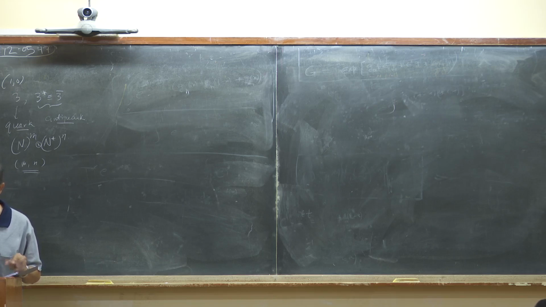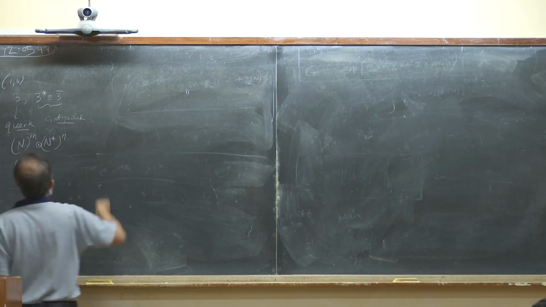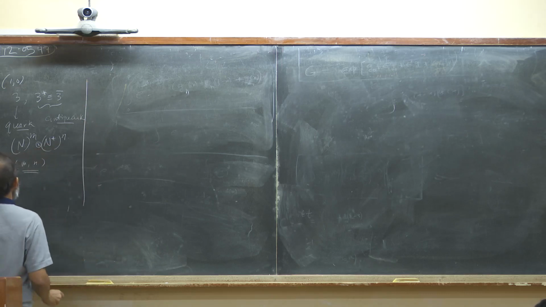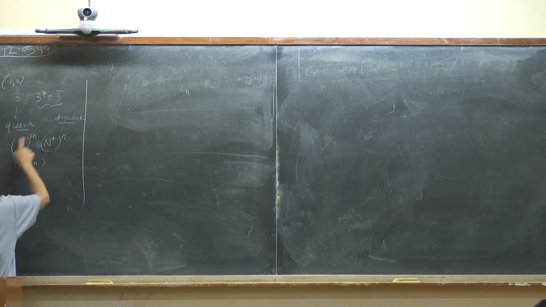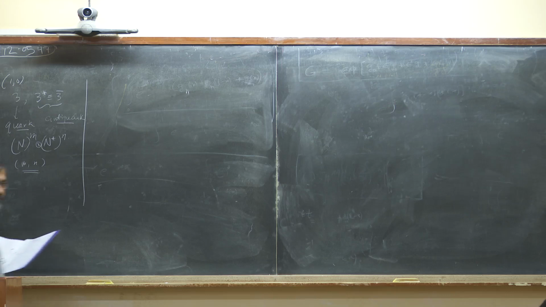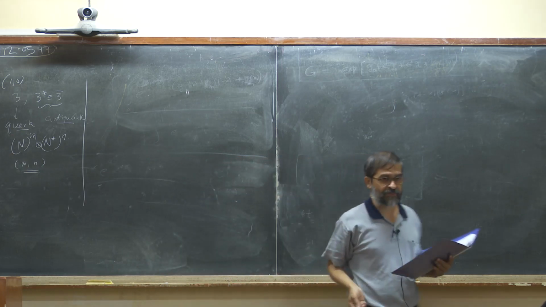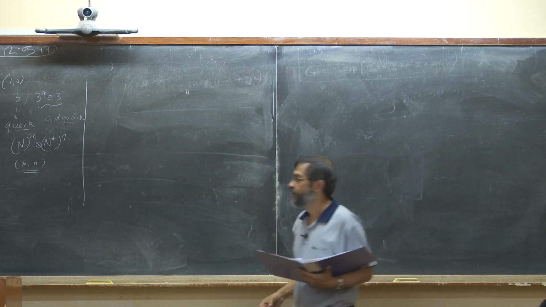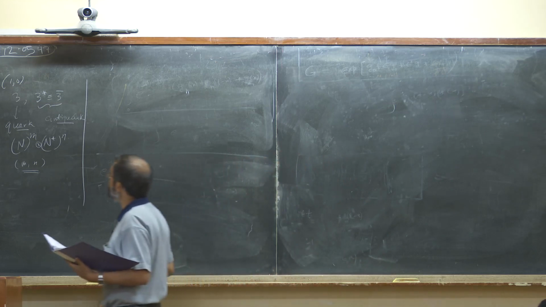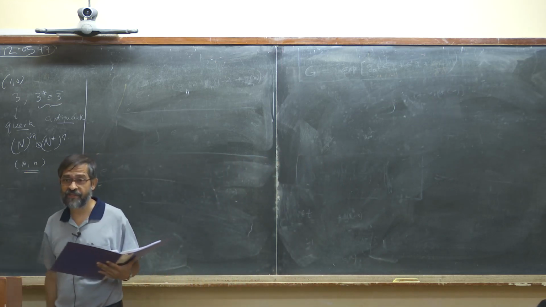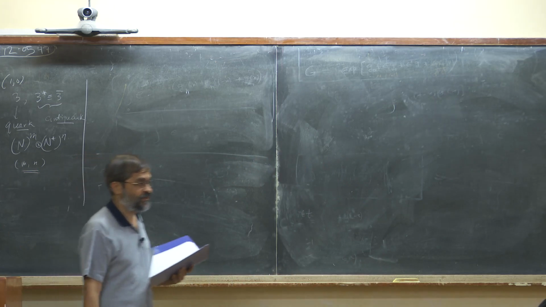So we are going to discuss this tensor product representation in many ways today. First as some kind of mixed tensors, then in terms of Dynkin labels, and then in terms of Young tableaus.